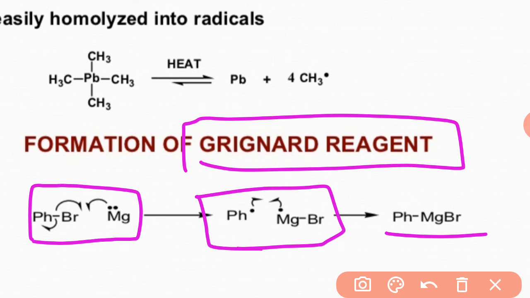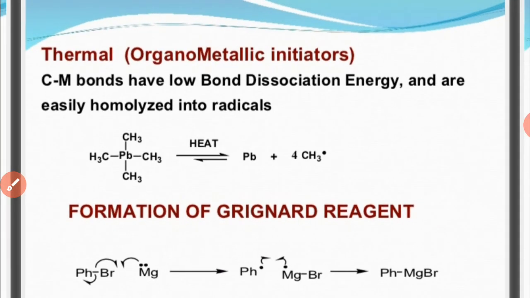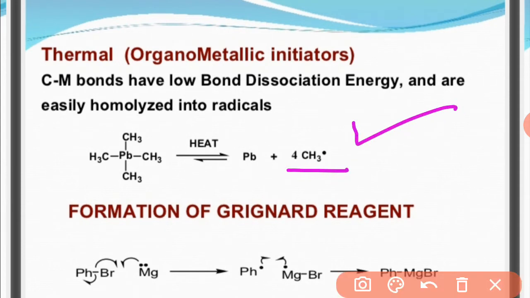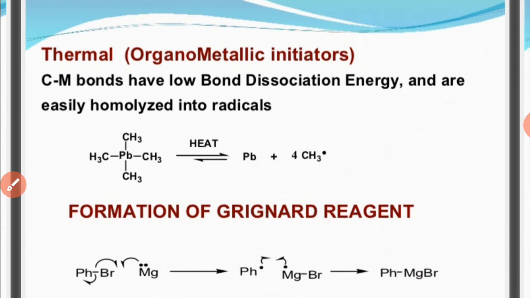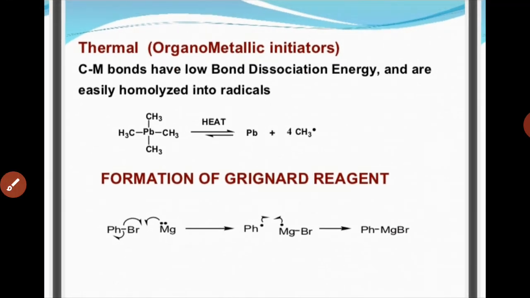This is an example of a reaction, however this is about the formation of free radicals. So thermal or organometallic initiators use heat to generate free radicals, and these free radicals are so highly reactive that they will form further compounds along the way. So this was the second method.